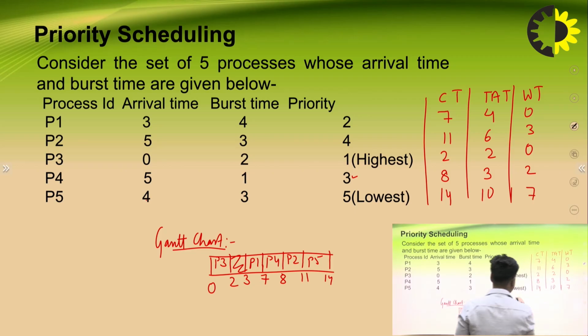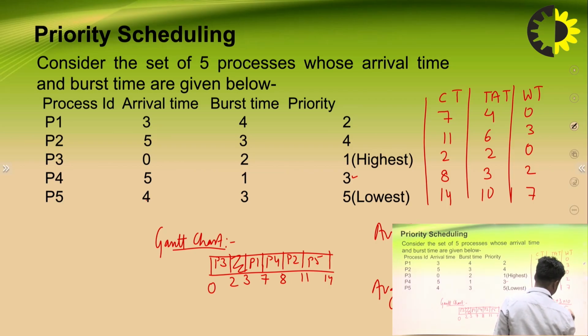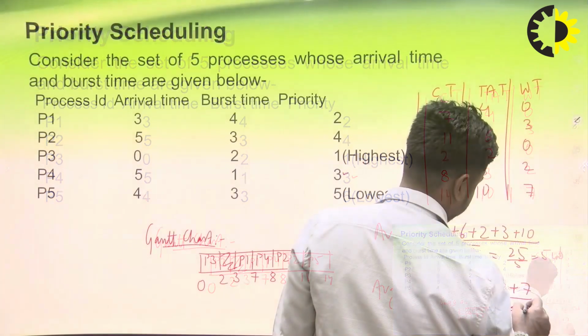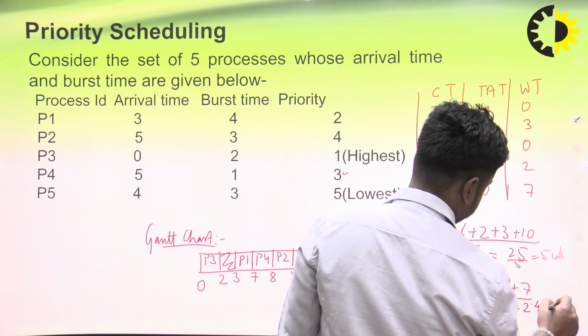So average TAT is 4 plus 6 plus 2 plus 3 plus 10 divided by 5, and average waiting time is 0 plus 3 plus 0 plus 2 plus 7 divided by 5, which is 12 upon 5, that is 2.4 units.